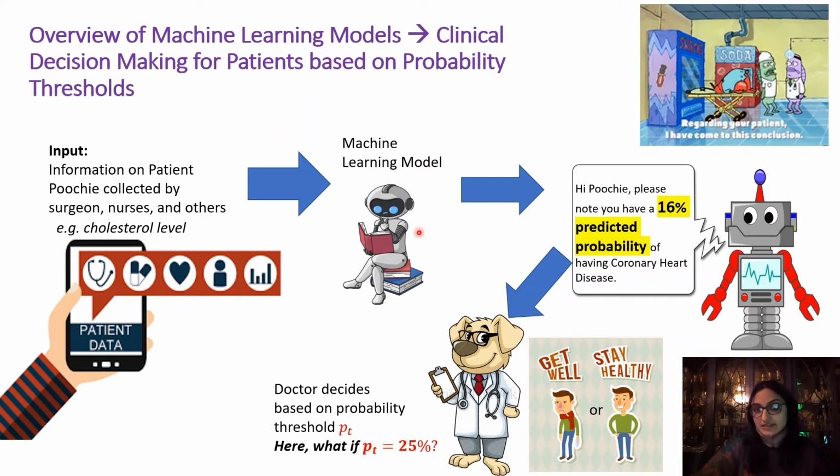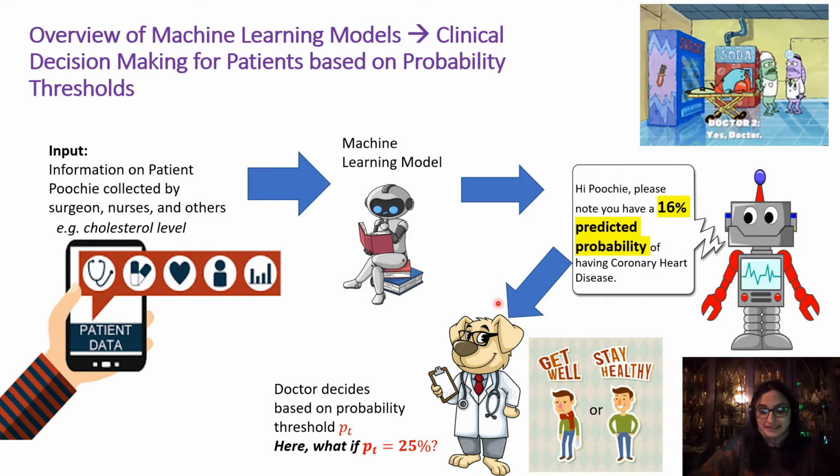The model takes Pucci's data and says, "Hi Pucci, please note that you have a 16% predicted probability of having coronary heart disease."